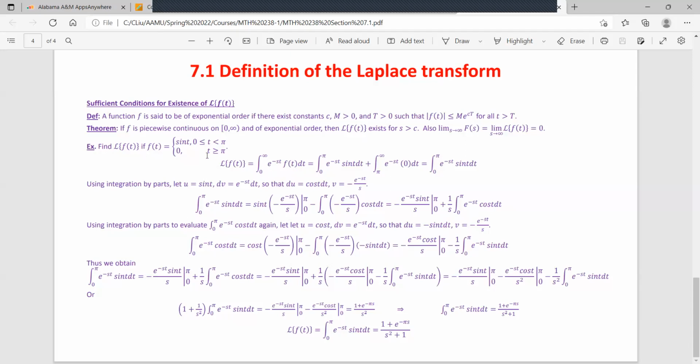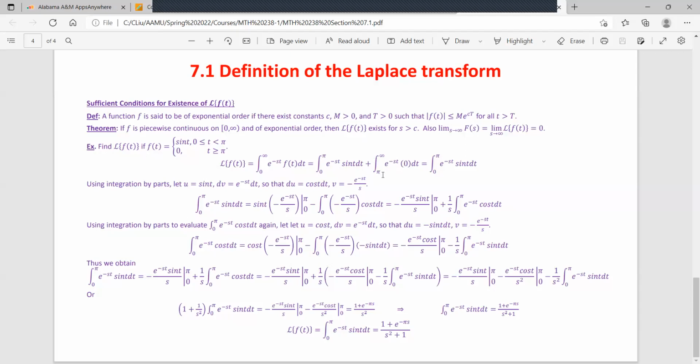And then because the function is piecewise defined, we can break up the integral into two pieces. One piece integrated from 0 to pi, and the other piece integrated from pi to infinity. And in each piece, we have a different expression for the function f. From 0 to pi, the function f is sine t, and from pi to infinity, the function is 0.